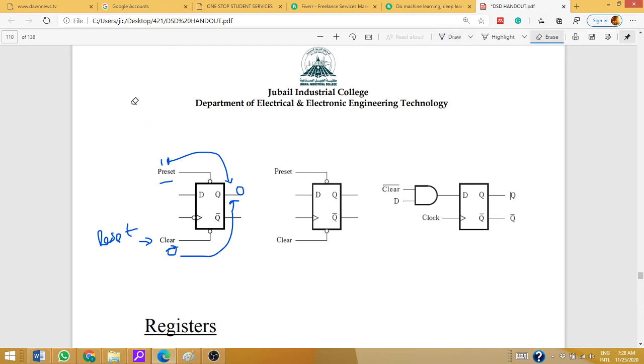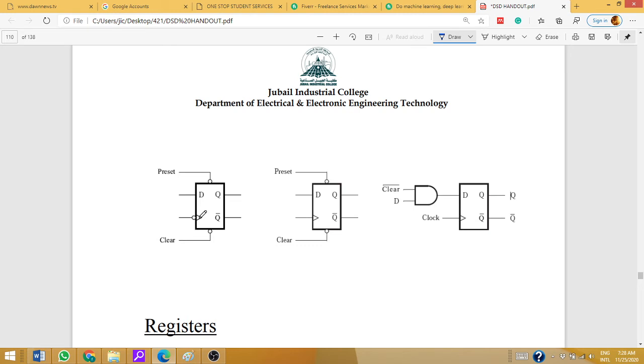Other than D, there may be two possible inputs, preset and clear. In some flip-flops there is only preset with D, sometimes D and clear.